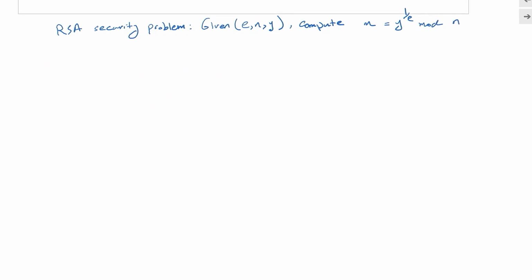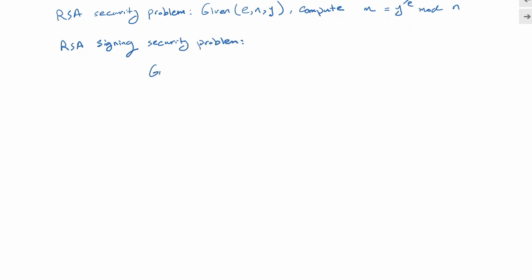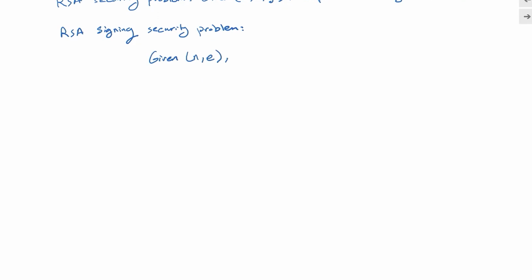In the RSA signing security problem, we are given, again, n and e, the public key, and then we are asked to return a forged signature.